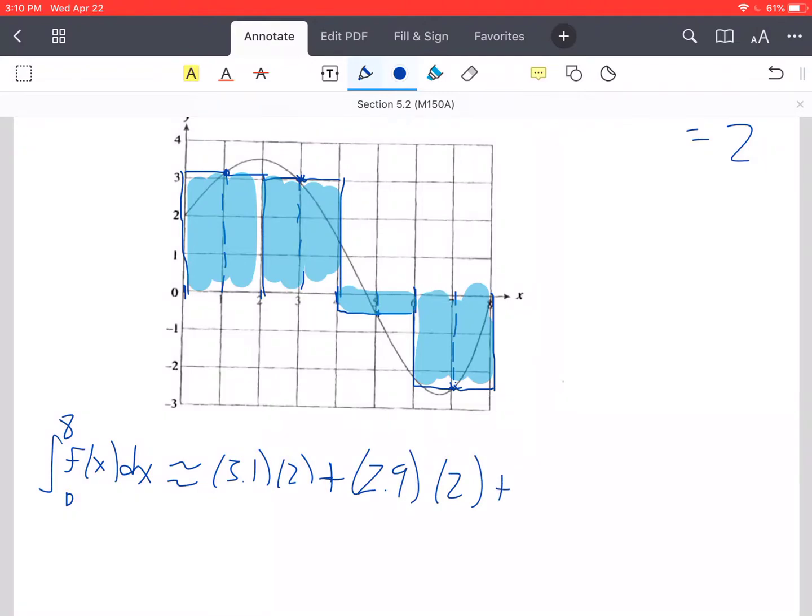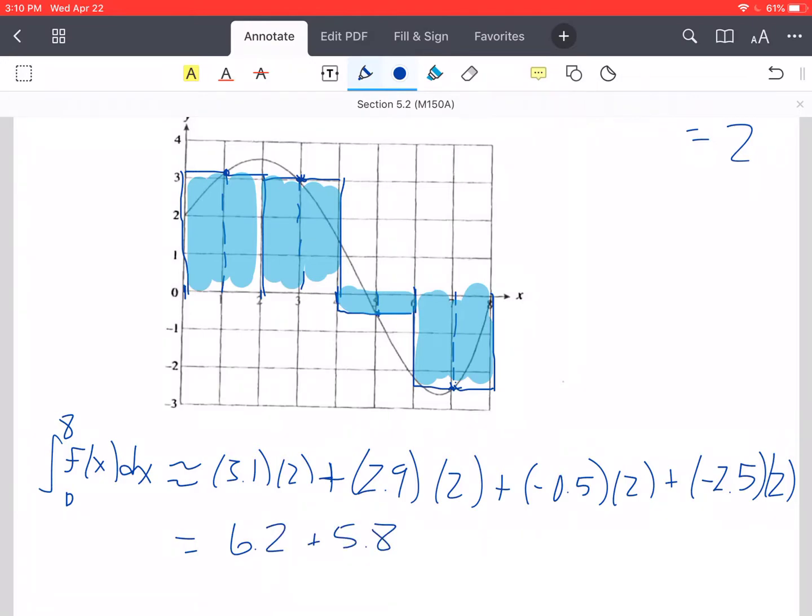Plus that one, we're looking at about negative 0.5, it looks like, times 2, plus negative 2.5 times 2. So that's going to be 6.2 plus 5.8 minus 1 minus 5.